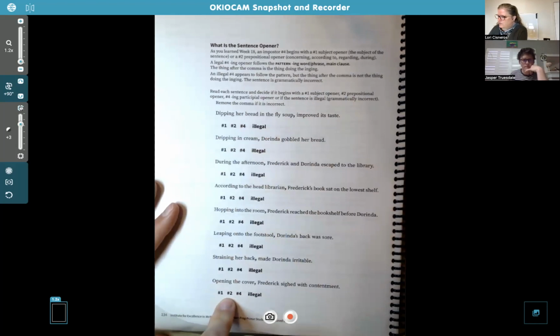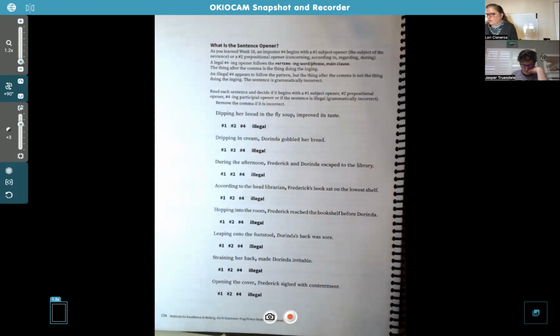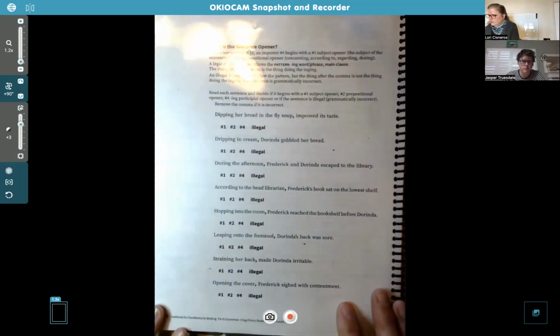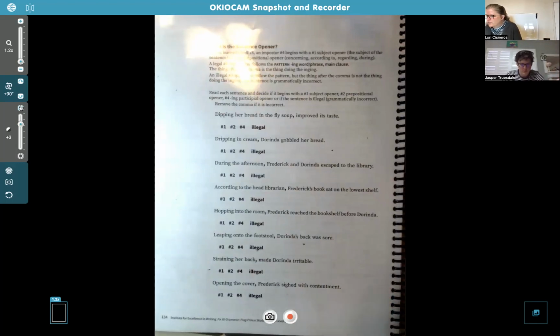So sometimes that is a subject opener or prepositional opener or ing opener. So we're going to talk about each one of these here. The number 1 is the subject opener, number 2 prepositional, and 4 is the ing.